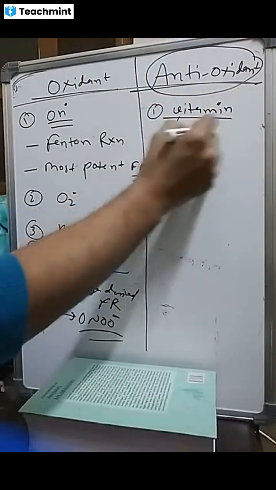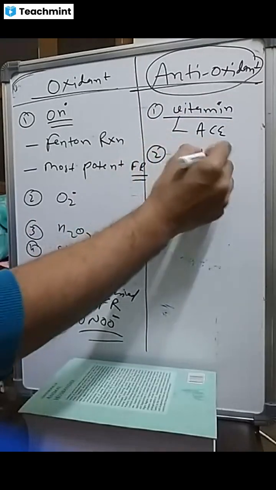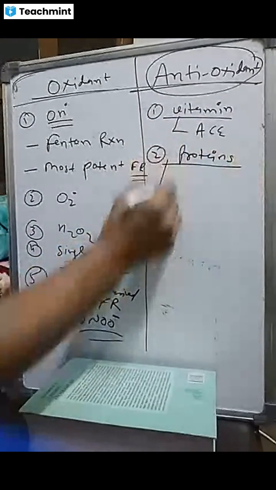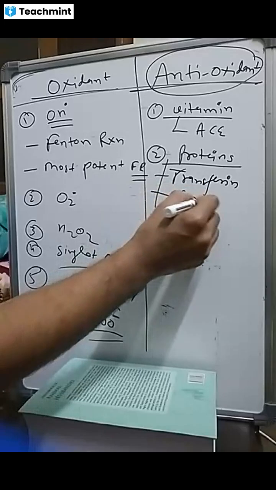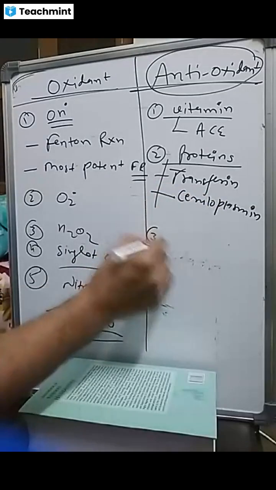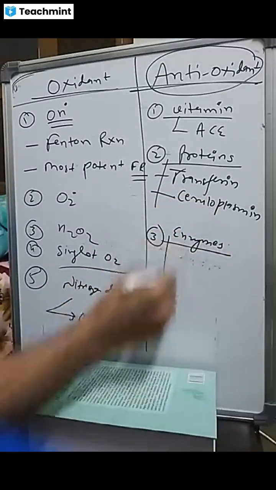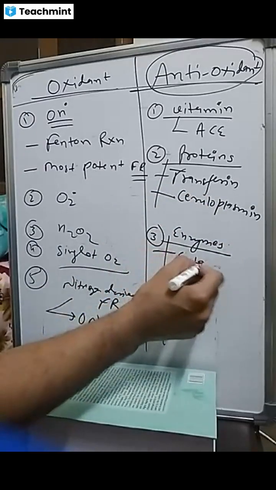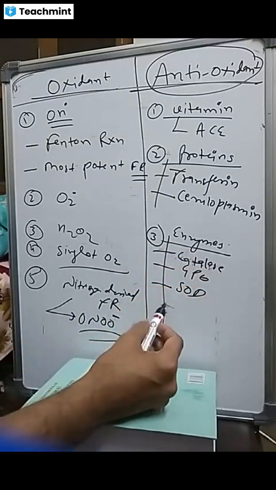The antioxidants present inside the body are vitamins A and E, proteins like ceruloplasmin, and enzymes like catalase, glutathione peroxidase and SOD, superoxide dismutase.